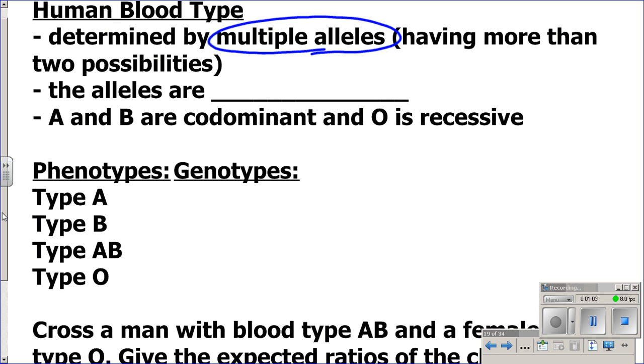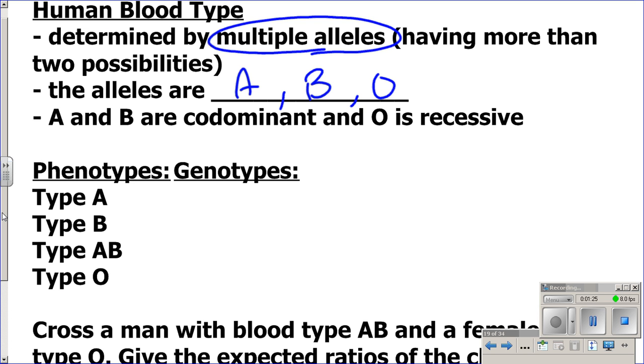In this case, we have multiple alleles, so more than 2 alleles. We have alleles that are called the A allele, the B allele, and the O allele. So we have 3 alleles versus just a normal 2. That's why this is a special case. But we don't write the alleles like this because sometimes this is not as descriptive as we need it to be.